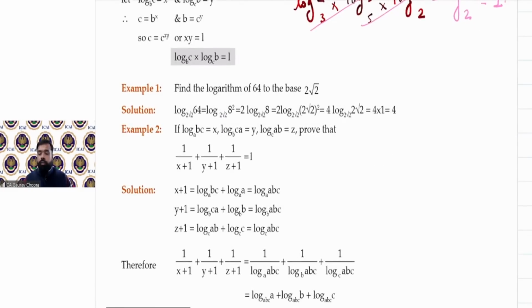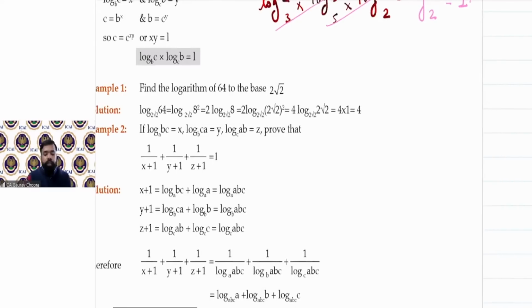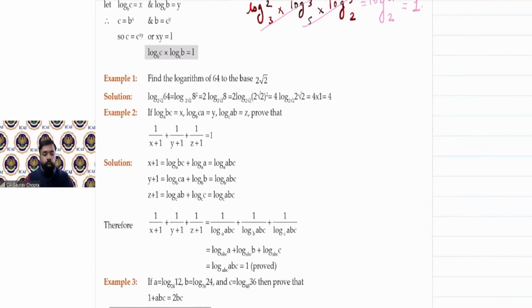Now the next one, log of 64 to the base 2 root 2. This kind of question we have already covered, but let's do it again once more. Log of 64 to the base 2 root 2.